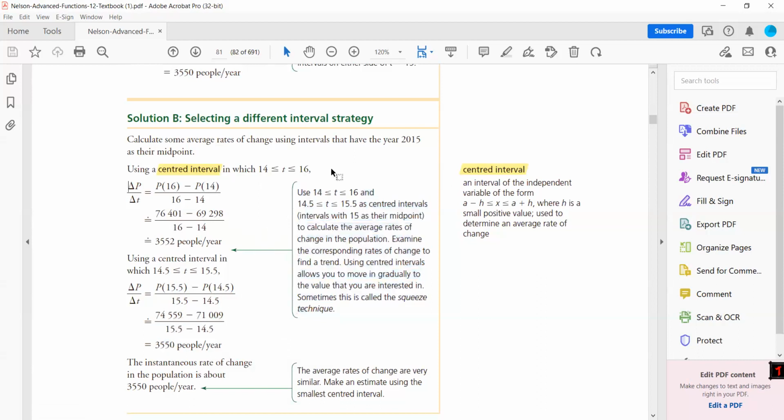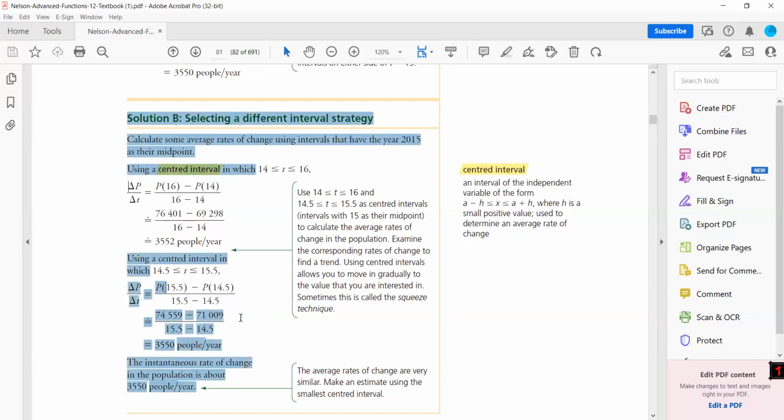Use 14 less than or equal to t less than or equal to 16 and 14.5 less than or equal to t less than or equal to 15.5 as centered intervals with 15 as their midpoint to calculate the average rates of change in the population. Examine the corresponding rates of change to find a trend. Using centered intervals allows you to move in gradually to the value that you are interested in. Sometimes this is called a squeeze technique.